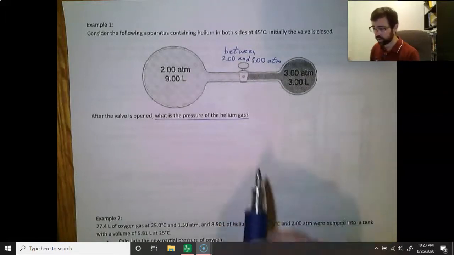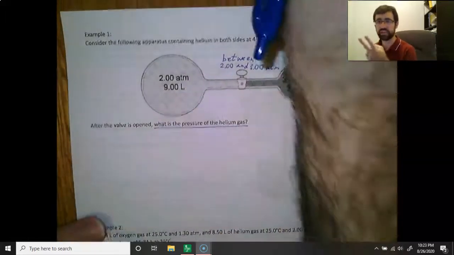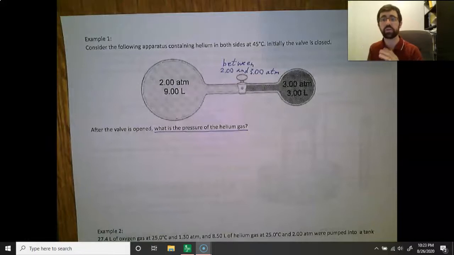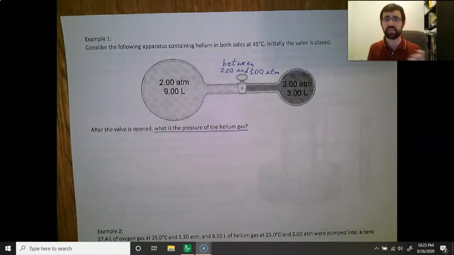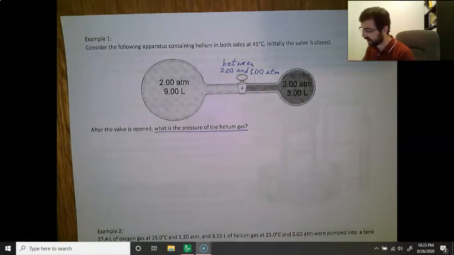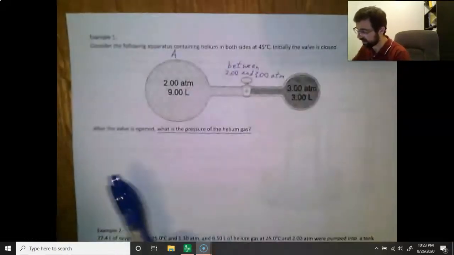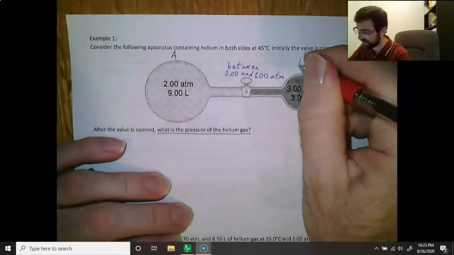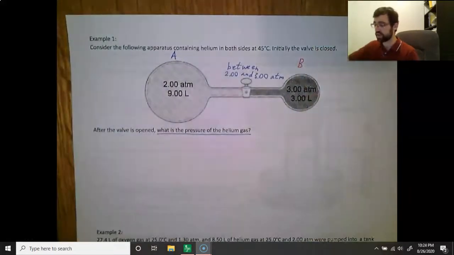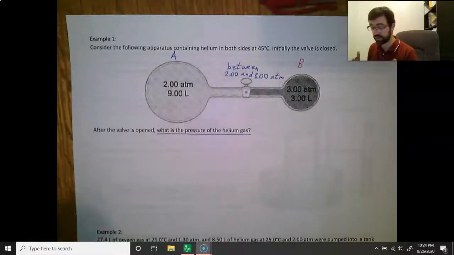So what I want you to do is think about this as 2 separate problems where the pressure and volume change. We're going to find a new pressure for each container, and then we add them together. So we're going to end up with container and gas A on this side, and container and gas B on this side, and we're going to solve individually for their new pressures, and then add them together.